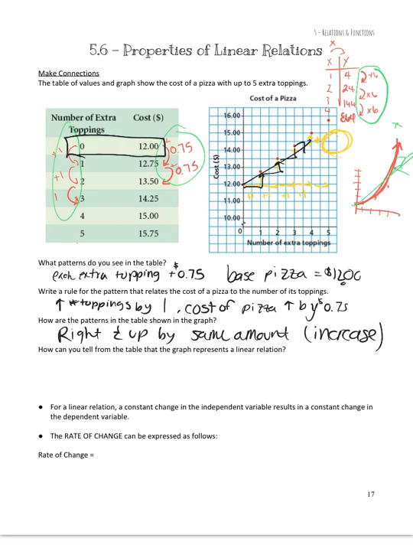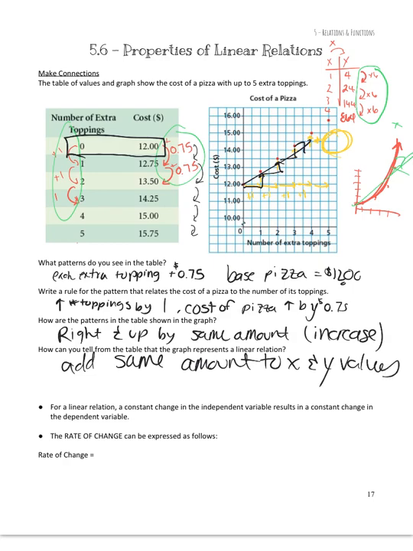So from just the table, I can tell that it represents a linear relation because we add the same amount to get to each y value every time. So for a linear relation, a constant change in the independent variable results in a constant change in the dependent variable.